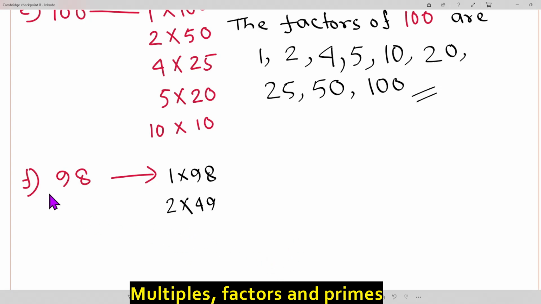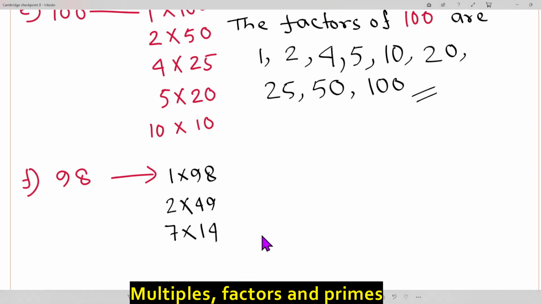Then we can divide this one by 7, so it will be 14 because 7 times 14 is 98, right? So we get 1, 2, 7, 14, 49 and also 98.